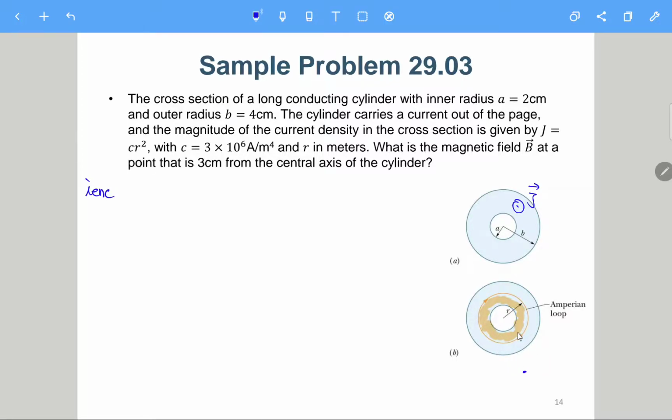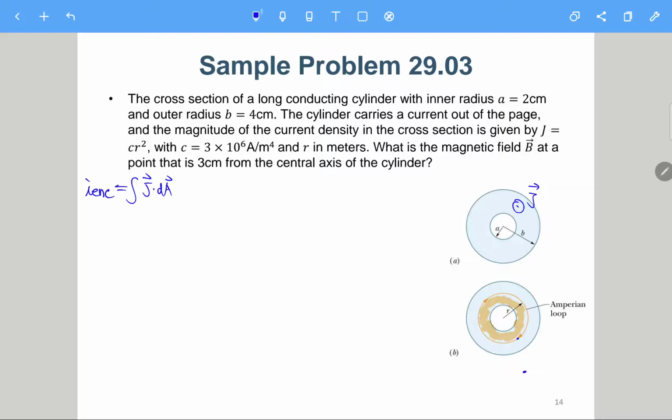However, we consider the B field at this point, so we only integrate up to r equals 3 centimeters. So now I enclosed should be the integral of J dot dA.